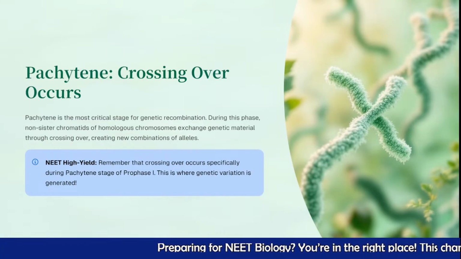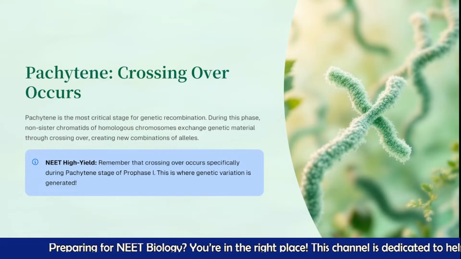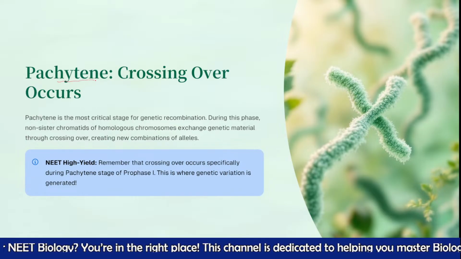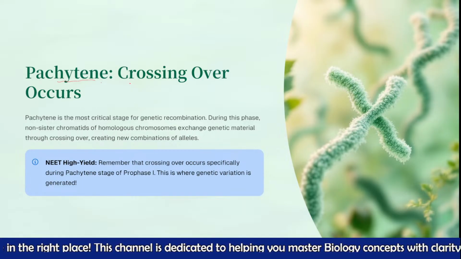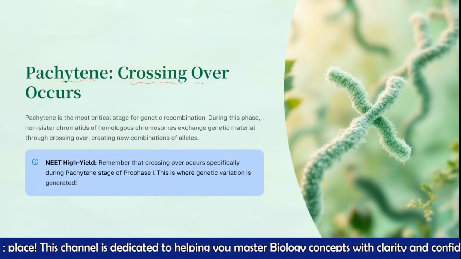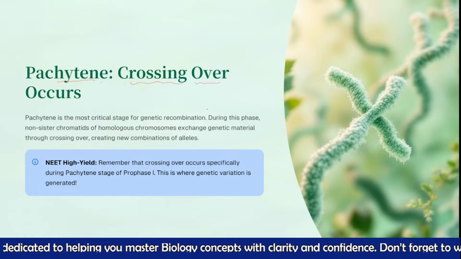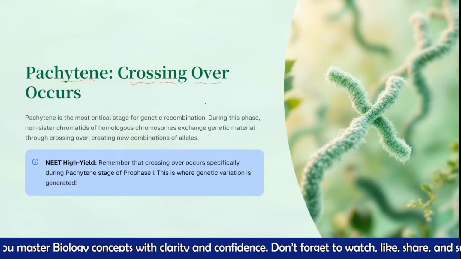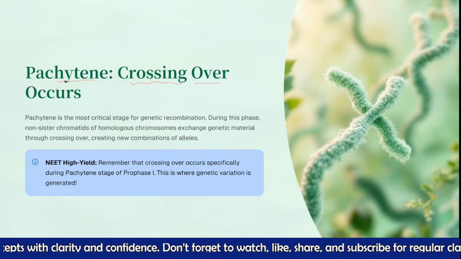Yes, then moving on to the next very important, crucial stage of prophase 1, that is the pachytene stage. As I told in the previous part, crossing over takes place that causes recombination, the recombining of homologous chromosomes, in the pachytene stage.